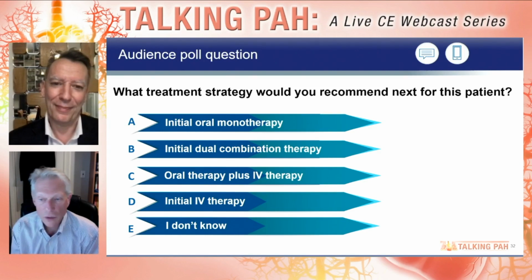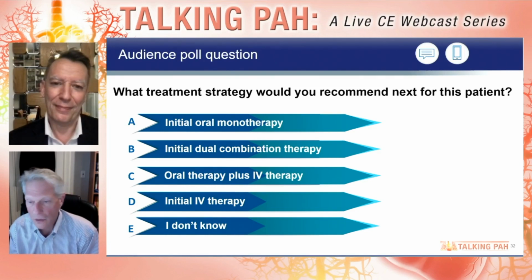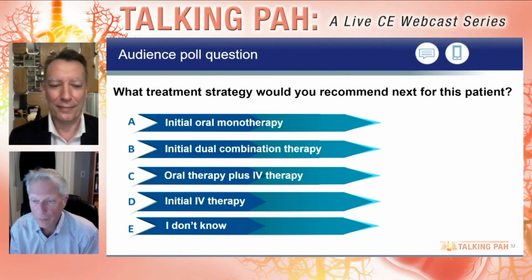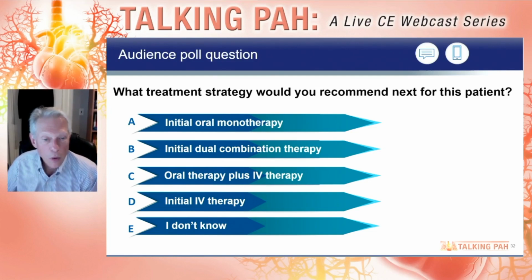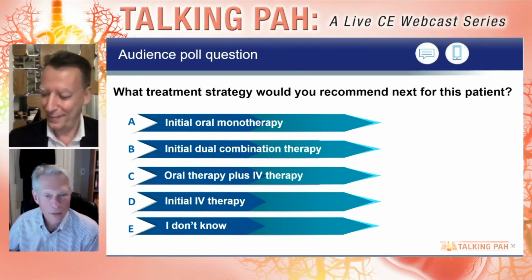In the US, iloprost is not generally used because we don't have it in the same formulation that they do in Europe. So the findings on the poll, most of you chose initial dual combination therapy. So I would agree with that, and I will hand this now back to Mark to talk about therapy.